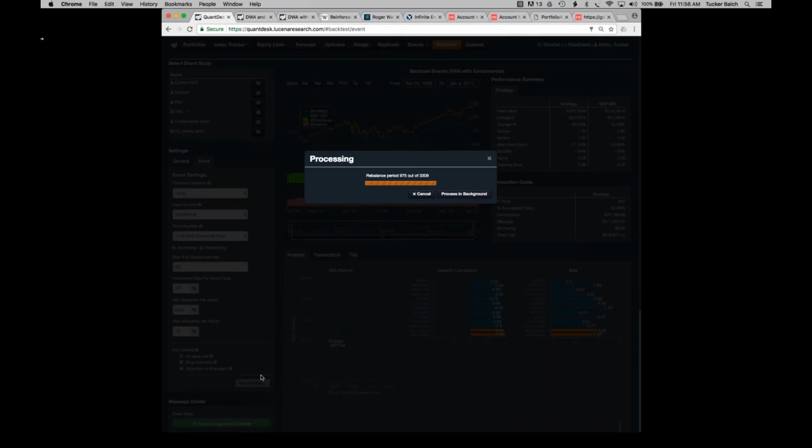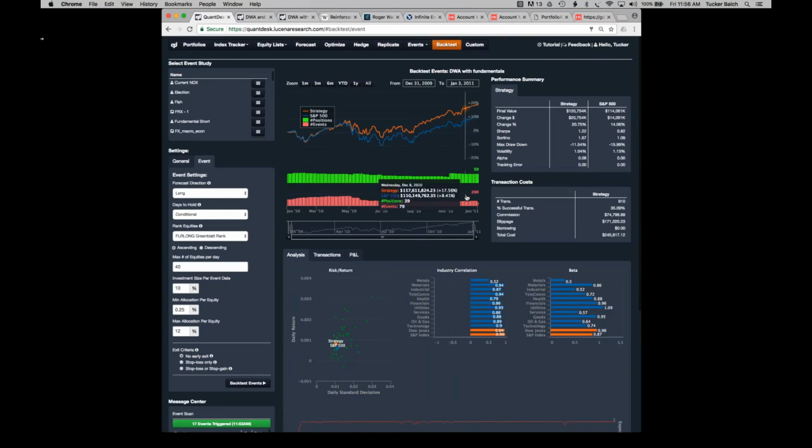At the end, which we'll see here in a bit, you'll get to see a report like this that shows you how many things you were holding, the performance, Sharpe ratios, risk return, what kind of leverage you're looking at, or whether you're fully allocated, as Tucker was talking about. And also at the end you'll get a PDF printable and shareable report.